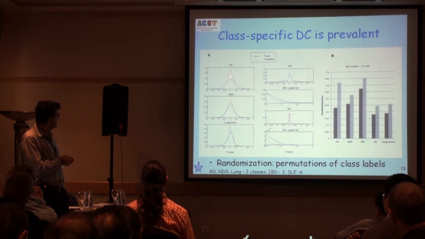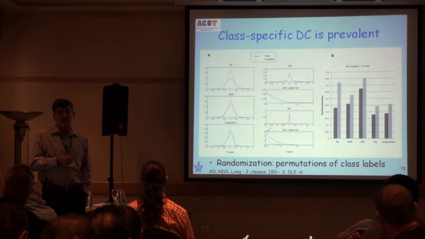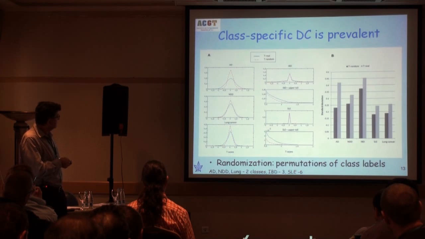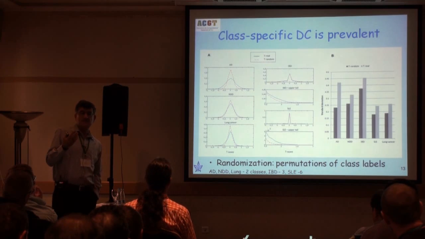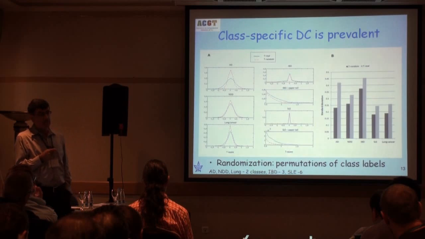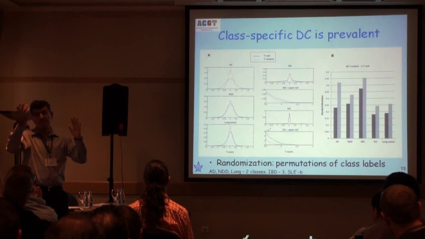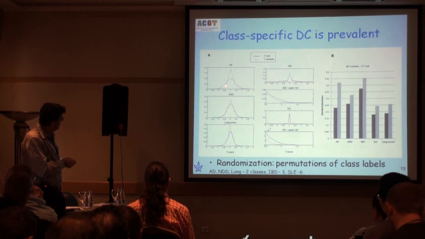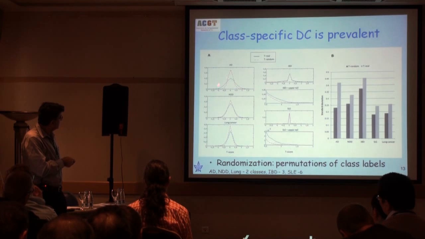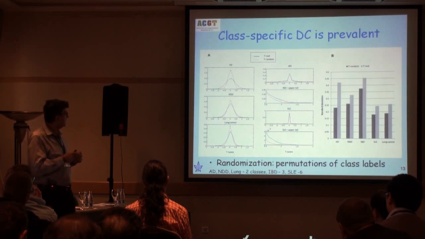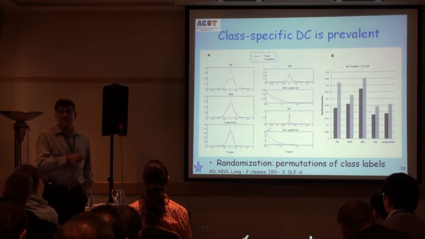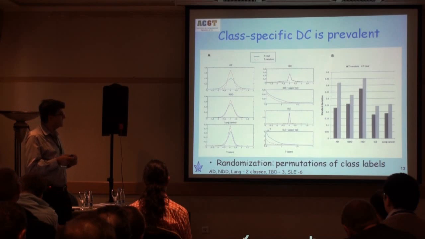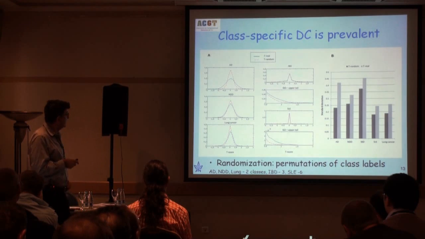In blue, you see the distribution of the t-score that we computed. And in red, you see the distribution of the t-score on data sets on which we randomized the class labels. So we kept the matrix, and we just randomly permuted the labels of the cases and the controls. And you see indeed that the true t-scores are more broadly distributed than the randomized ones. So at the extreme ends of the distribution, we see values that are non-random.